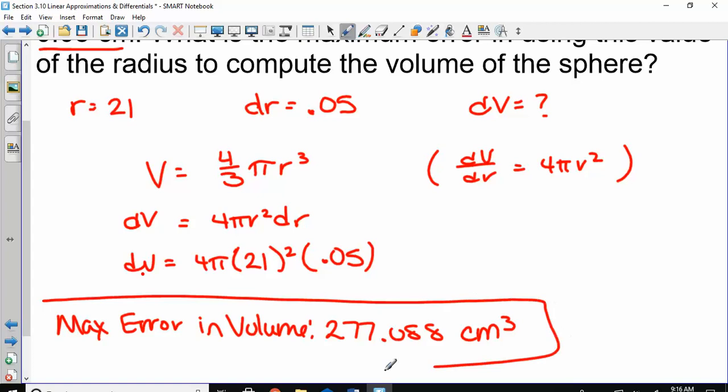So that's saying if you allow your radius to be off by 5/100 of a centimeter or less, the biggest error in your volume would be 277 cubic centimeters. Okay, and that's an important concept, being able to look at how that little bit of change in my radius will impact my final product here. Questions there?